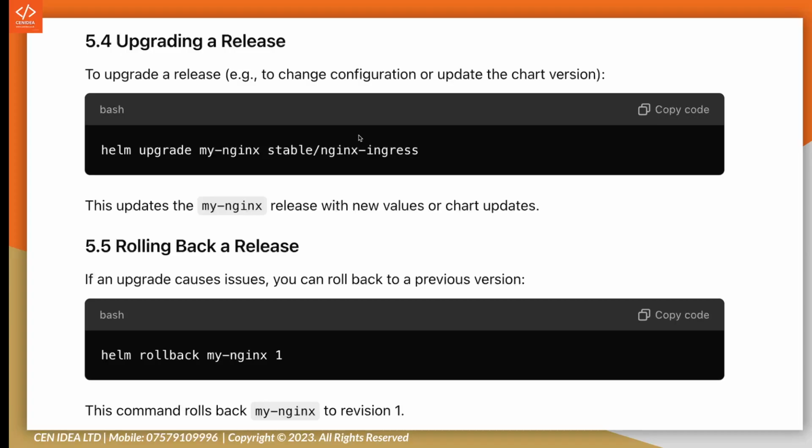You can upgrade. This upgrade is used to upgrade a release, something that you already installed. When they use the word install in Helm, they are not really talking about creating. They are talking about actually deploying that manifest, and that's the word they use: install.